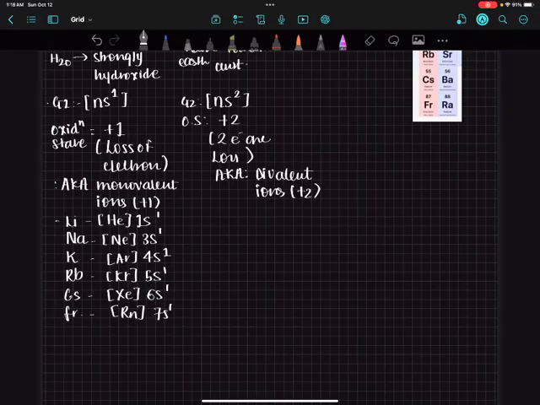So group 1 are the monovalent ions, that is, there is loss of only one electron in the atom, while group 2 are divalent, that is, there is loss of two electrons.